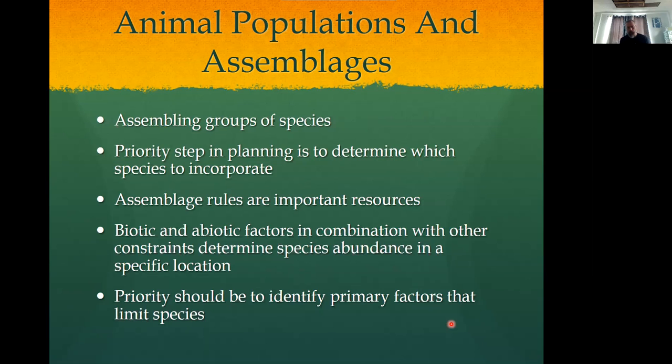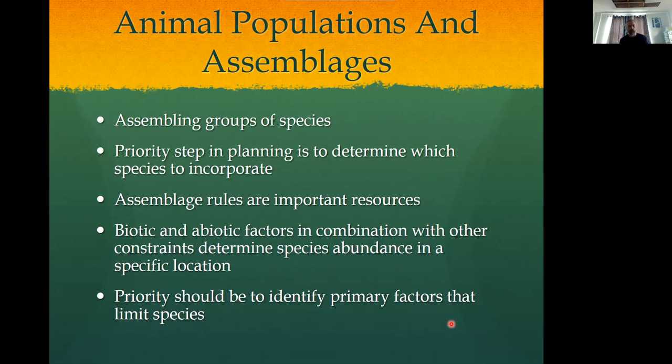Basically, they're guidelines for what group of species, what kinds of things, what kinds of interactions need to be there. So, for example, you can't have only carnivores. You have to have carnivores and things for them to eat. Stuff like that.